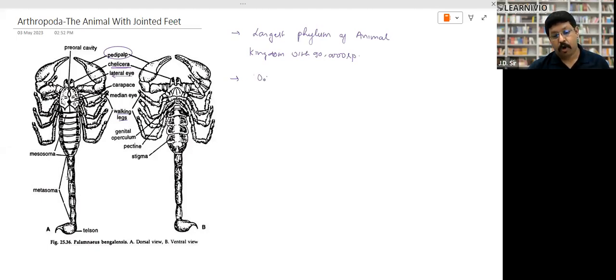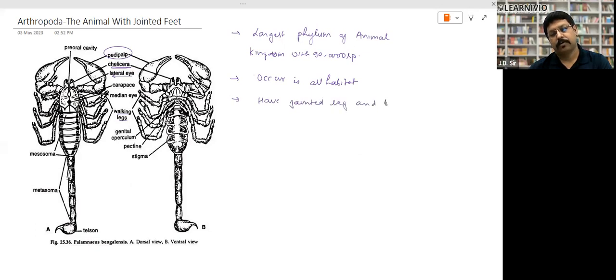They occur in all habitats, means land, water, marine water, sweet water, and everywhere, right? So they have jointed leg and body is segmented.